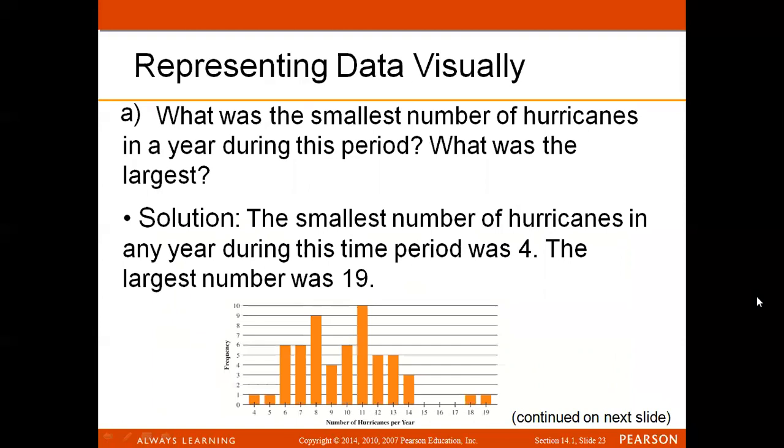What was the smallest number of hurricanes in a year during this period? And what was the largest? Well, in year 15, 16, 17, we didn't have any hurricanes, right?